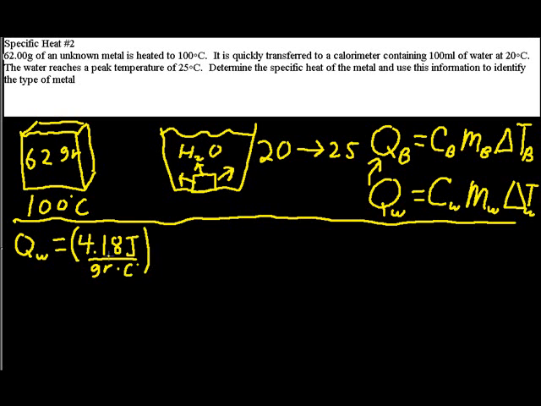And what that says is it takes 4.18 joules of heat to warm 1 gram of water 1 degree Celsius. We're going to multiply that times the mass of the water. Now it says here that the calorimeter had 100 milliliters of water in it. Well, 100 milliliters of water weighs 100 grams. So I can place 100 grams here.